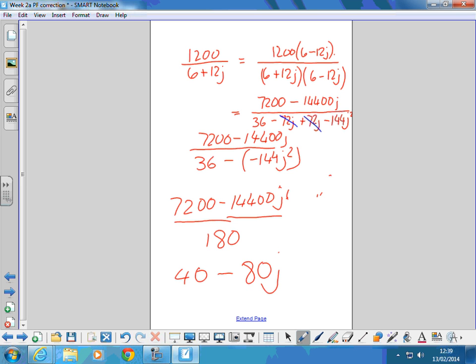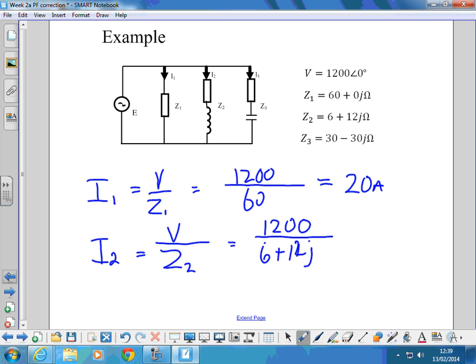Okay, and the units of that are amps. So 40 minus 80J amps is the answer that we were looking for, I2.